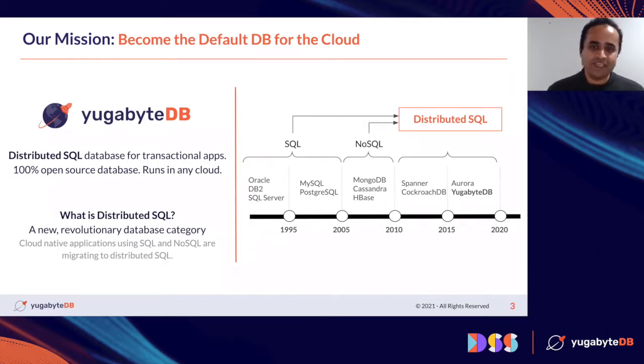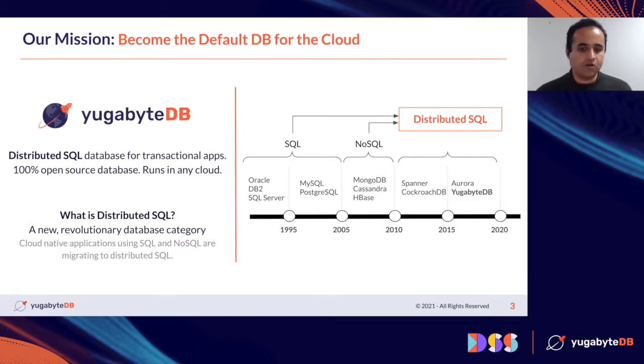Right? So distributed SQL is a new category of databases that has emerged. You can think of it as an evolution of what we've seen in databases over the past 25, 30 years. For the first 20, 25 years, SQL ruled the roost. That is how application developers are used to building applications. Relational data modeling, ACID transactions, these were all taken for granted from the database. And that worked great.